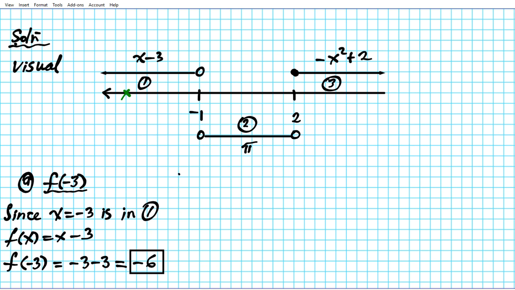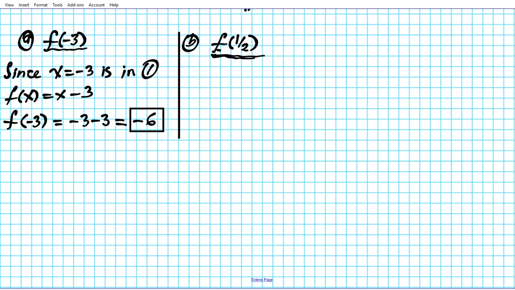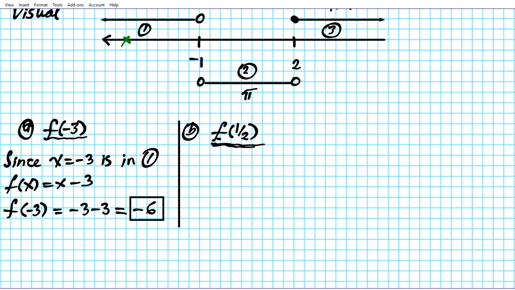Alright, let's take a look at the second part, part 3B. We're looking at f of 1/2. So where is 1/2 located? 1/2 is between negative 1 and 2.